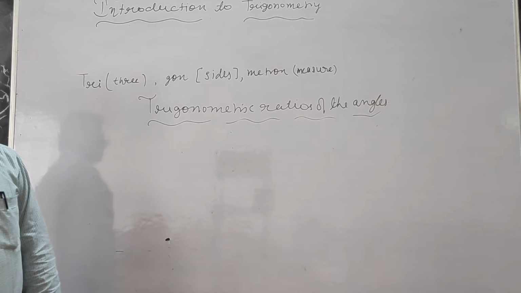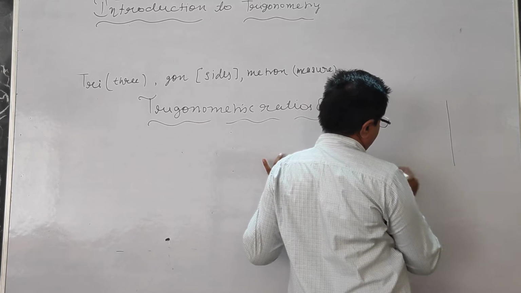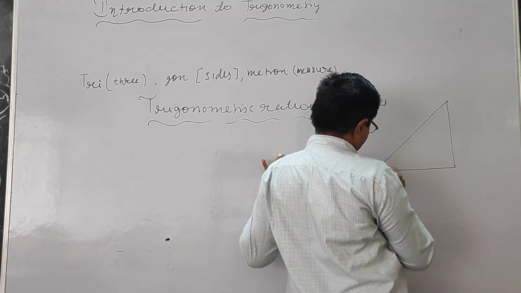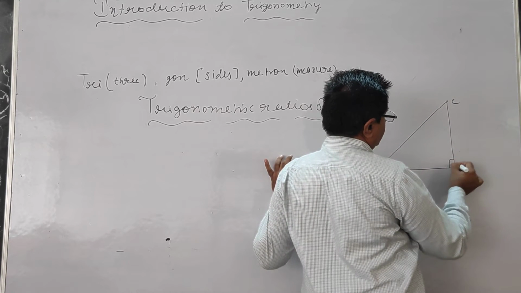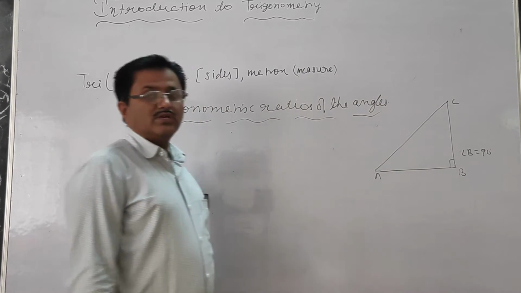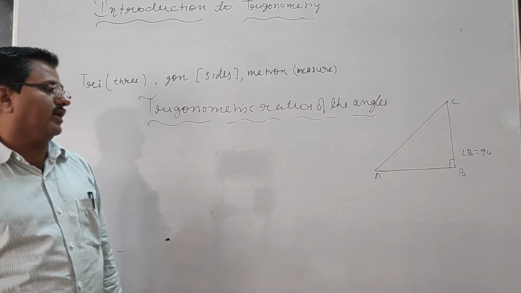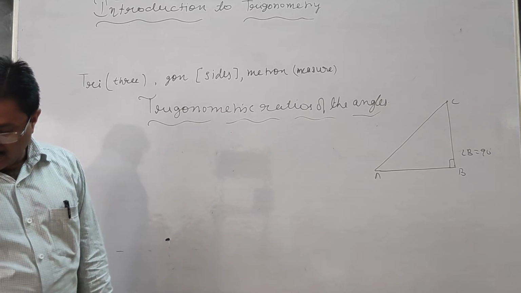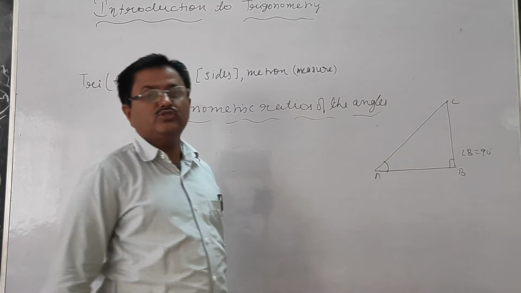When we consider a right triangle, here always we get a right triangle ABC with the right angle at B. We consider any one acute angle, either A or C. With respect to that angle, what is the ratio of the sides?